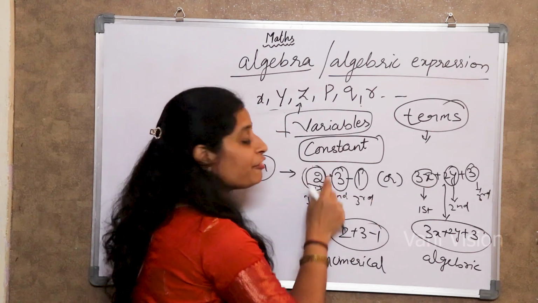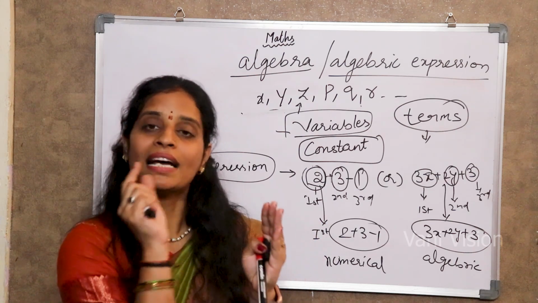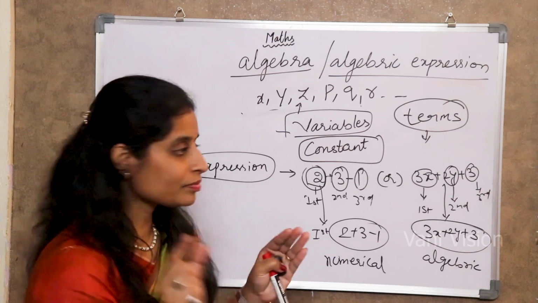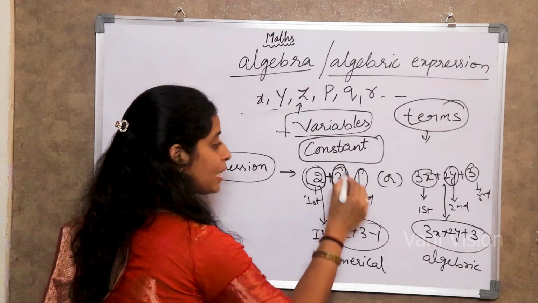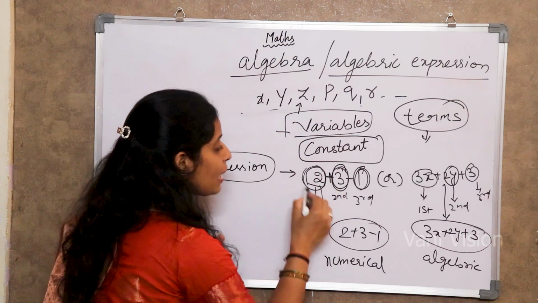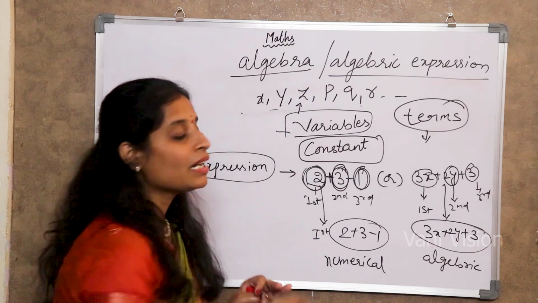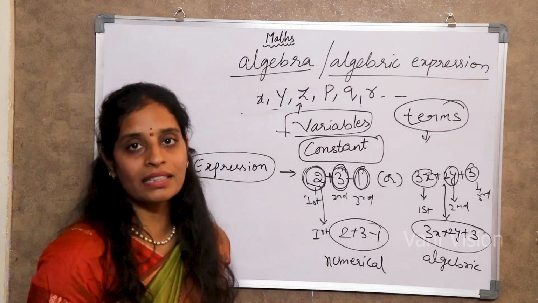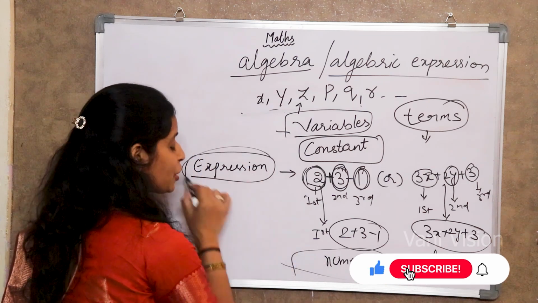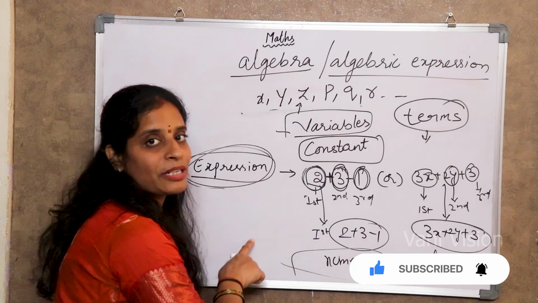In this, 2 and 3 are separated by a mathematical operation, that is plus. So by using a plus or minus we have separated. The first one is called the first term, the second one is called the second term and the third one is called the third term.